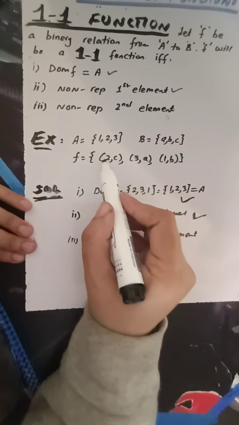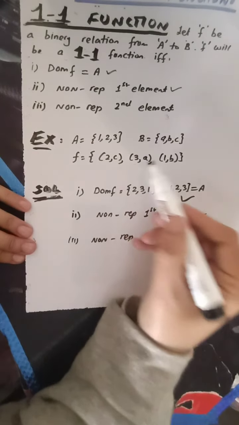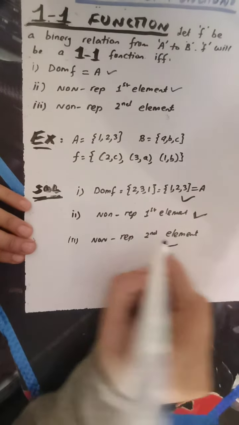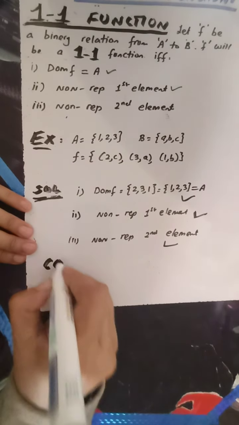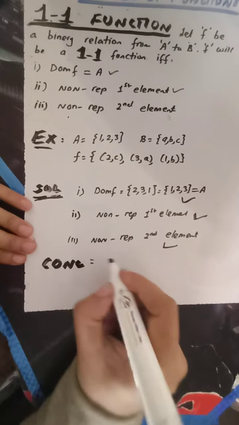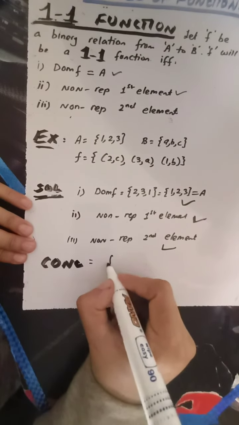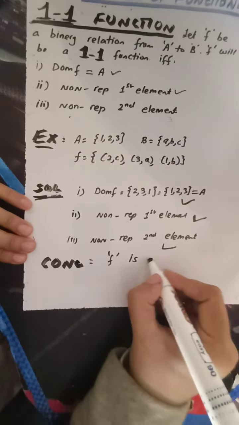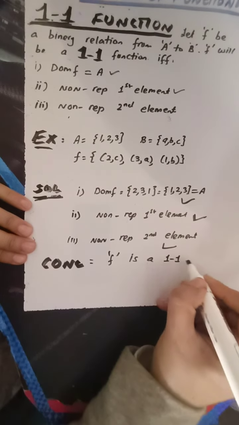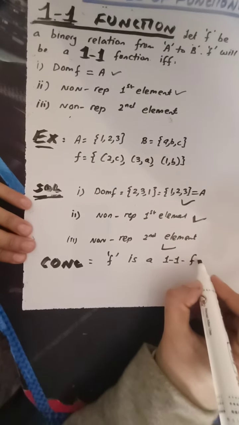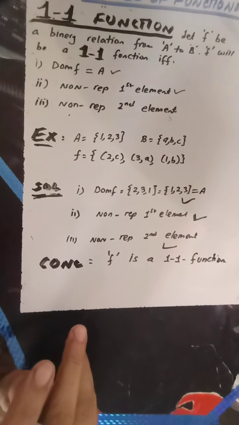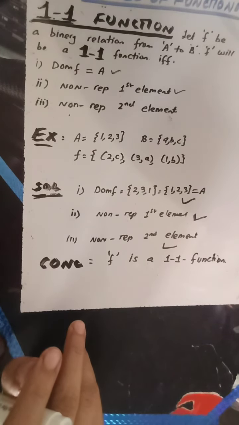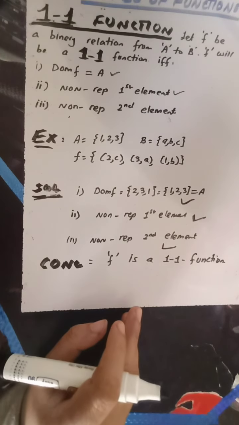For c you have a unique element of x, that is 2. So the second element is also not repeating, so the third condition is also satisfied. As all three conditions are satisfied, the conclusion is that the given binary relation f is a 1-1 function. So this is how we check whether our function is 1-1, onto or into.